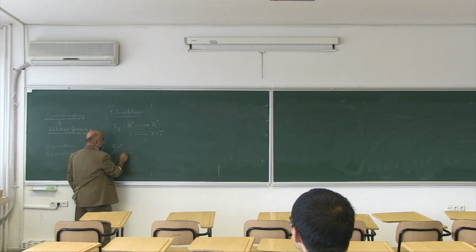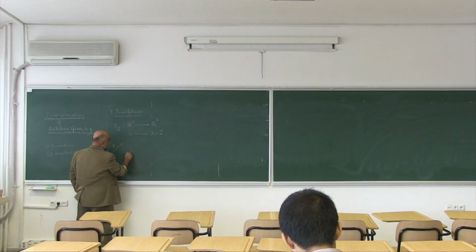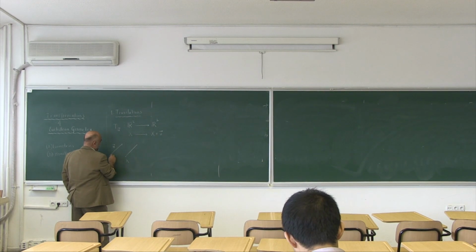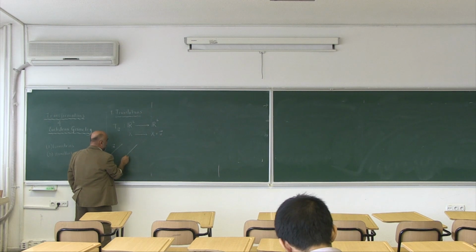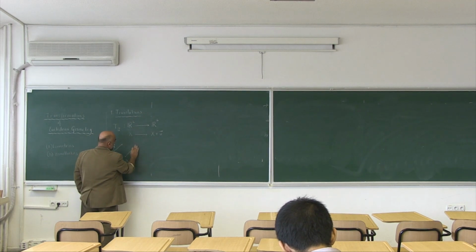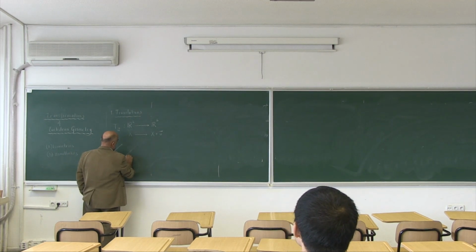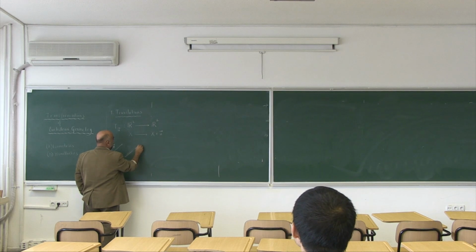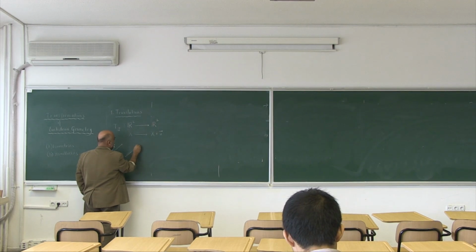Anyhow, what you do is, for every vector and for every point, you just take the vector and push the point X along the vector u. Okay, something like this.